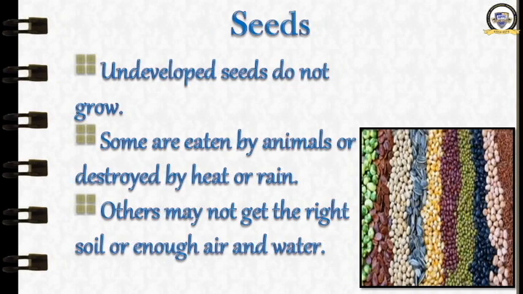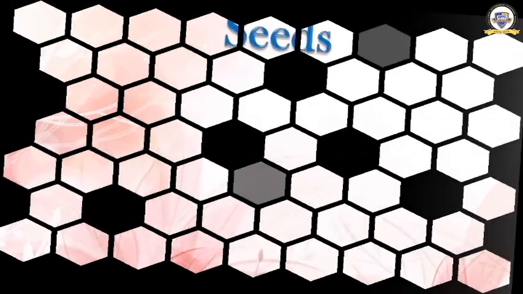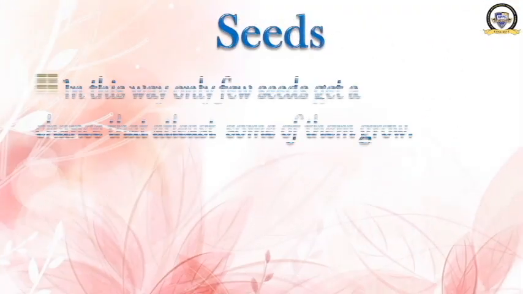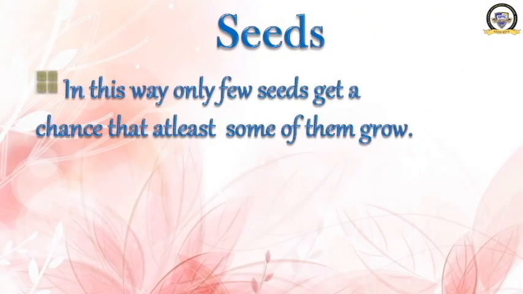Here I'll show you a picture of different kinds of seeds. These different colors indicate different kinds of seeds. All the seeds do not grow, because you can see gram, pulses, all these seeds are eaten by human beings. We don't allow these seeds to grow. But there are some seeds which have been kept reserved for growing and reproduction. Shall we learn more about the seeds?